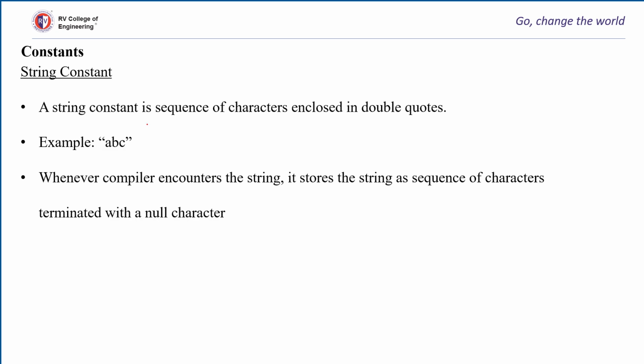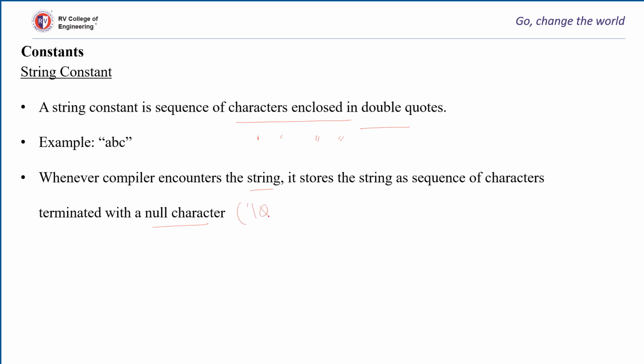String constant. A string constant is basically a sequence of characters that are enclosed in double quotes. So there should be a clear differentiation between a character constant and a string constant. Whenever a compiler encounters a string, it stores the string as a sequence of characters terminated with a null character.